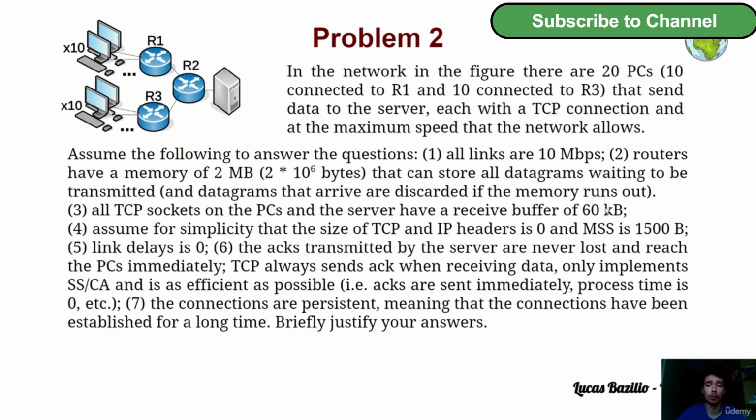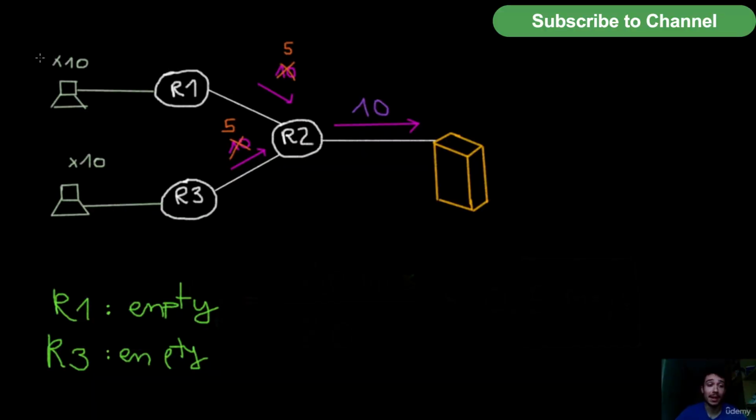Therefore, we only need to multiply the 20 TCP connections that we have by 60 kilobytes, which is the size of the buffer. So router 2 is going to have a buffer occupation of 20 TCP connections multiplied by the size of the receive buffer, 60 kilobytes.